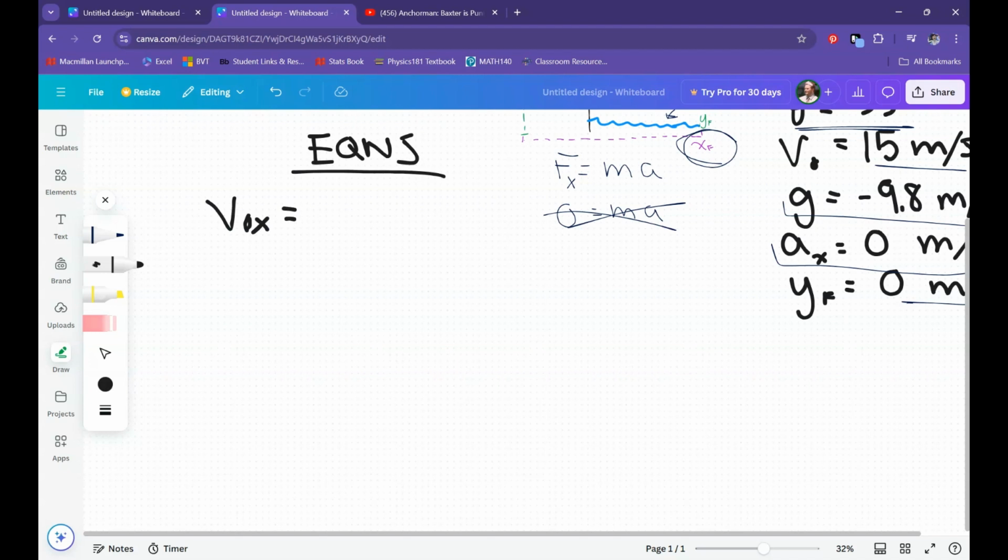So your v naught x is equal to v naught cosine of theta, and v naught y is equal to v naught sine theta.